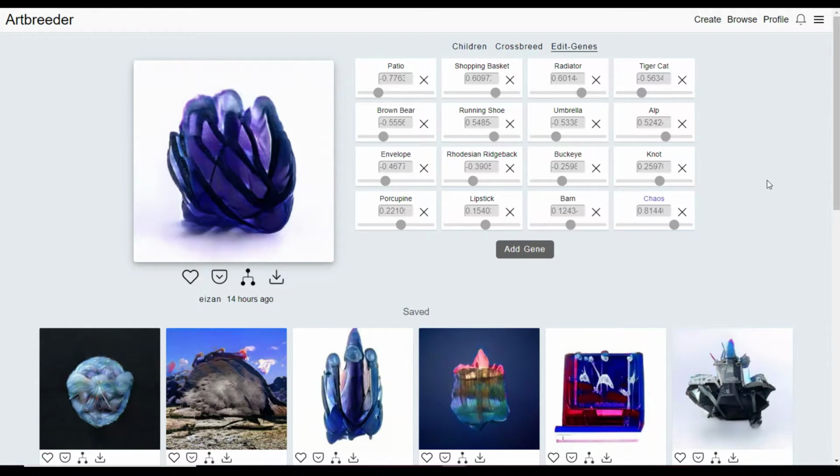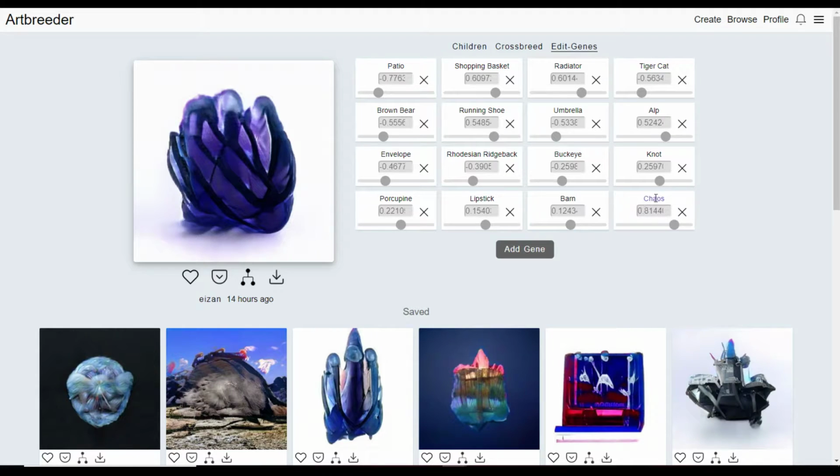So again, I'm not an expert on how this works, but each of these is a tag that is associated with this image, is inside of this image in some way, and you can change these values to change the image.